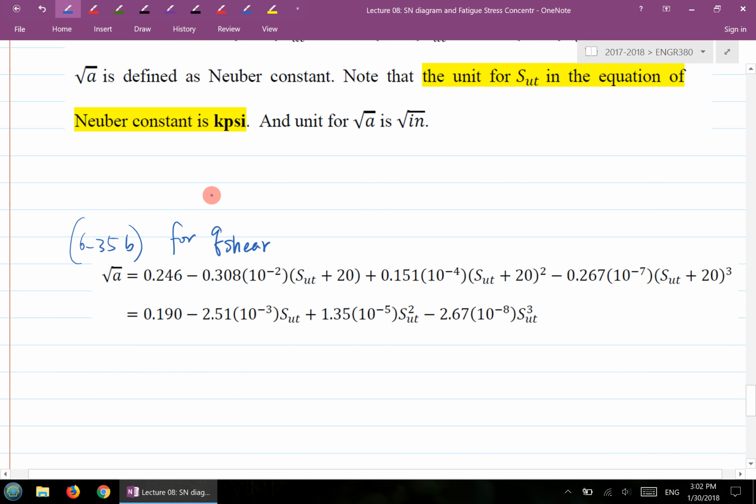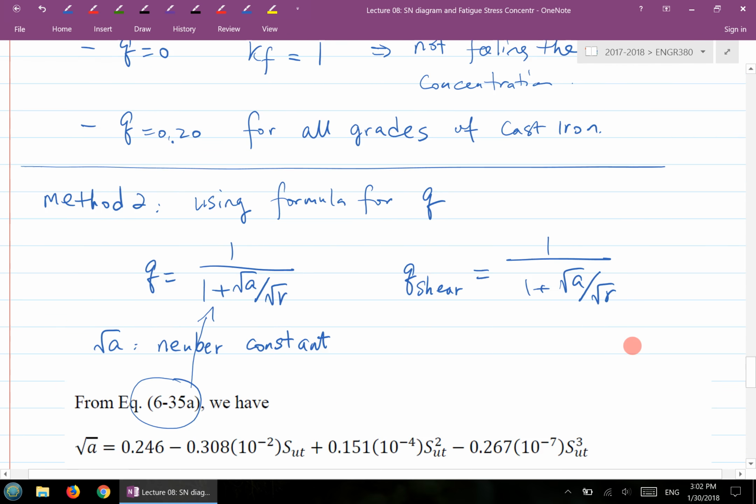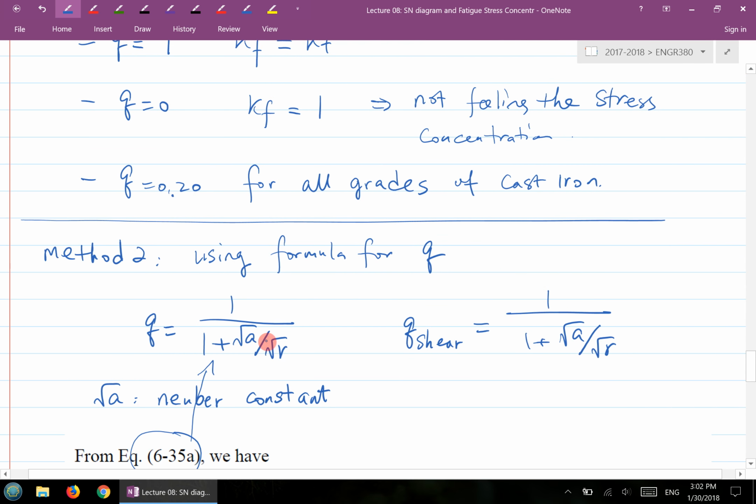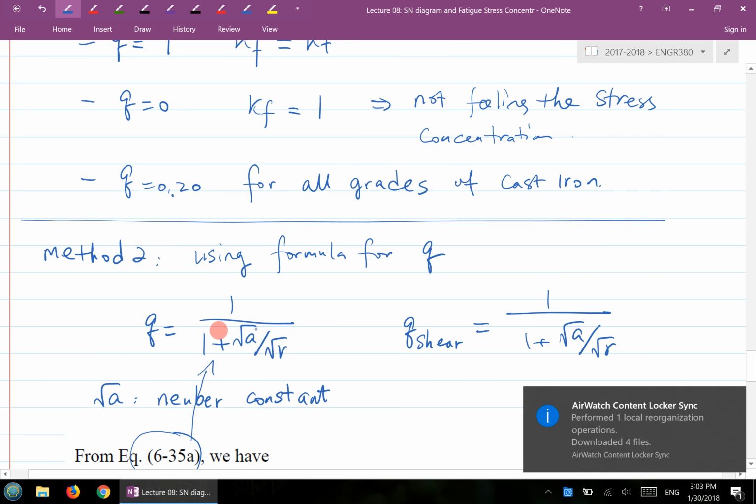So this is basically using the formula to calculate Q or Q shear. Once you get the Neuber constant, you plug it in with the notch sensitivity, and then you can get the Q and the Q shear.